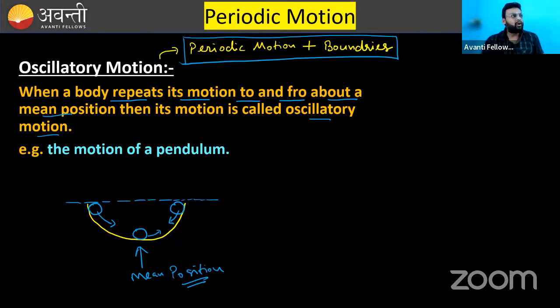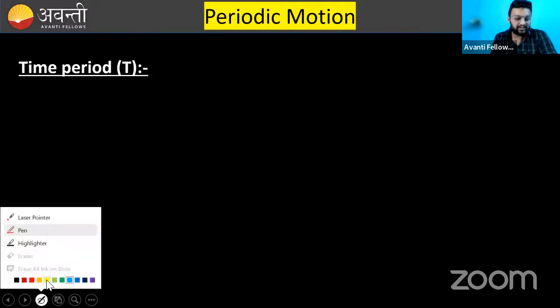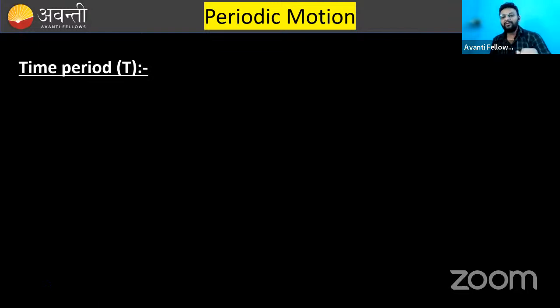When we talk about repetition of things, or a fixed interval after which things are repeating, there is a necessity of defining a term which is known as time period. I think this is a very simple term. You all know this term from class 6th, 7th or whatever.